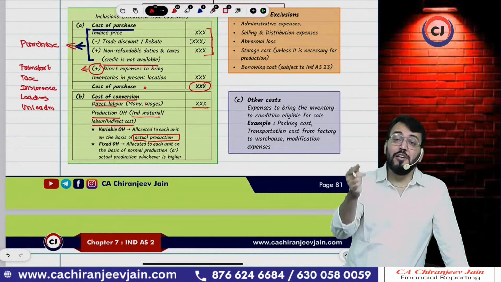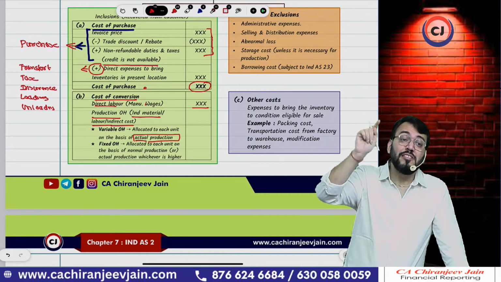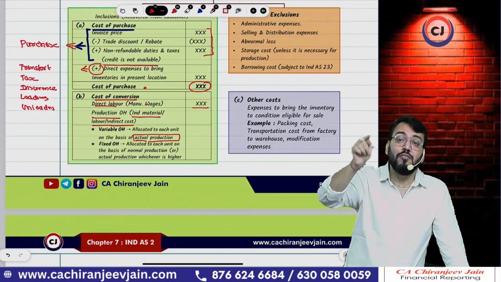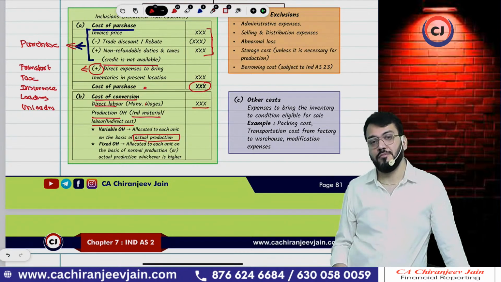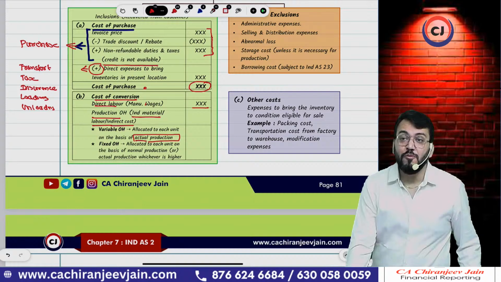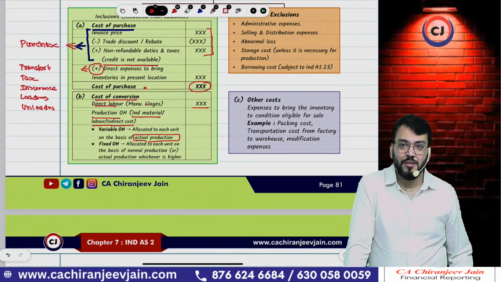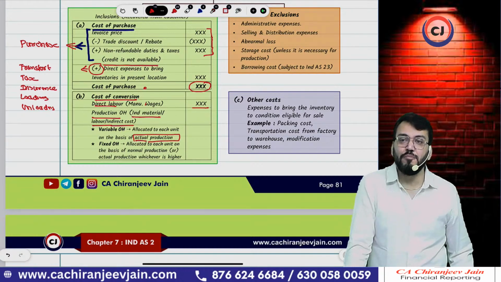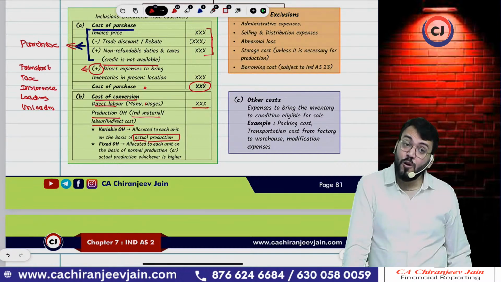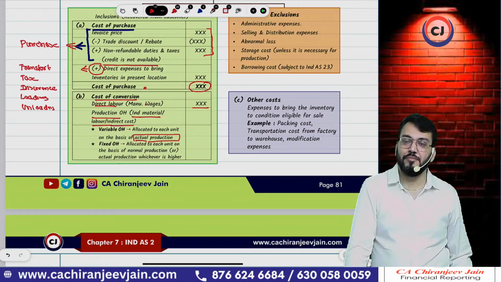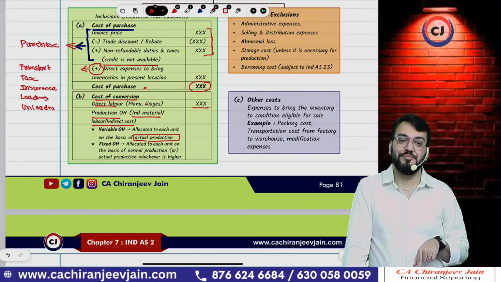Whatever you do in costing is always an estimated cost that you calculate for decision making, whether to produce or not to produce. Understood? Before production, you estimate, but here it is actual.